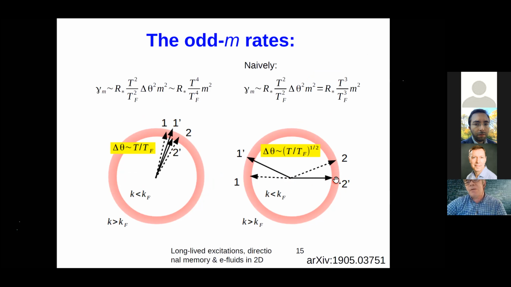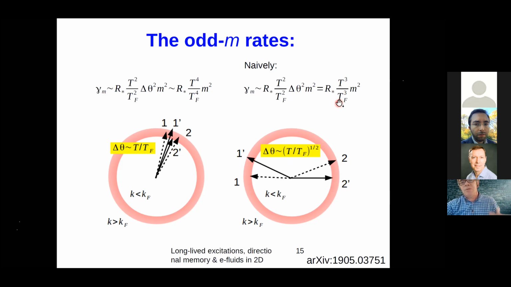The particles that collide nearly head-on are allowed to make bigger steps. If you think kinematically, the angle for nearly head-on processes is not T over Fermi energy, it's the square root of T over Fermi energy. So the angular steps here can be bigger, but the rate for these processes is still T square. And so you can ask whether that will be T cube or not.